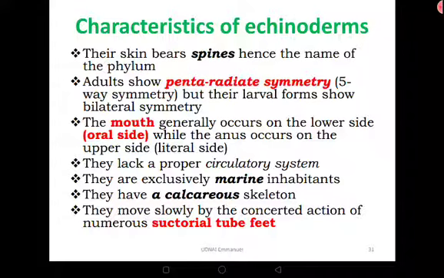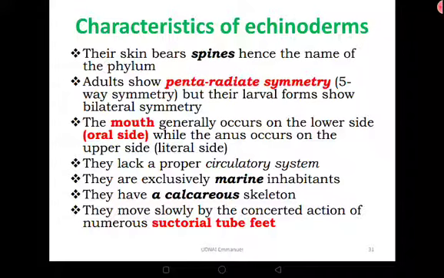That's what we call pentaradiate symmetry. The mouth generally occurs on the lower side, the oral side, while the anus occurs up, on the aboral side.